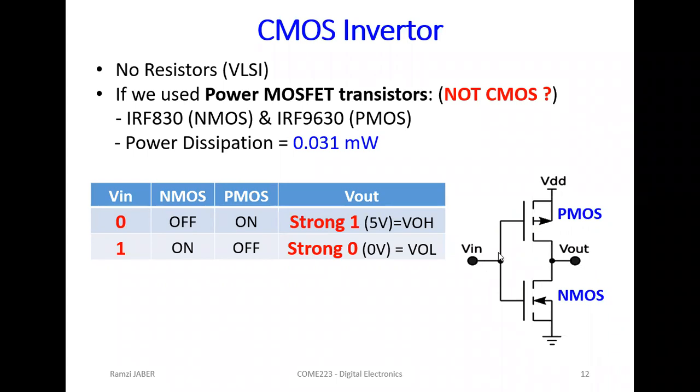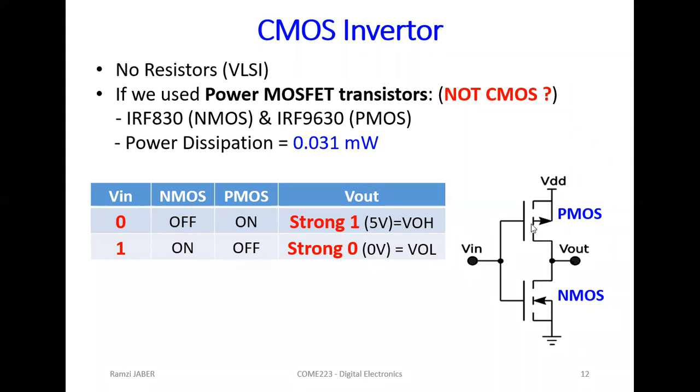The input enters both transistors at the same time, and the output is taken from the middle of the two transistors or two networks. This is the typical golden rule of CMOS technology, the CMOS inverter.